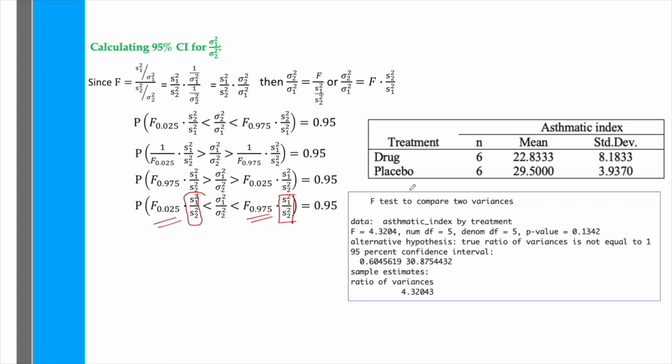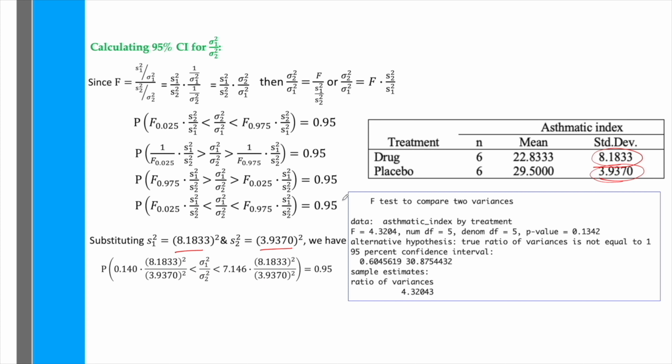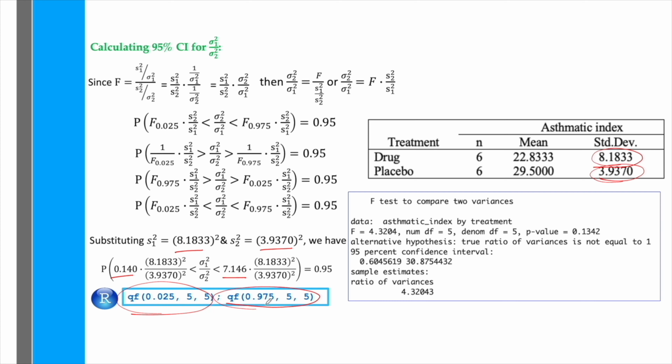So applying that concept in example number 2, suppose our s sub 1 is 8.1833 and our s sub 2 is 3.9370, then we're going to have this equation in which 0.140 and 7.146 are just actually the critical values of f that is generated using the R or the table.